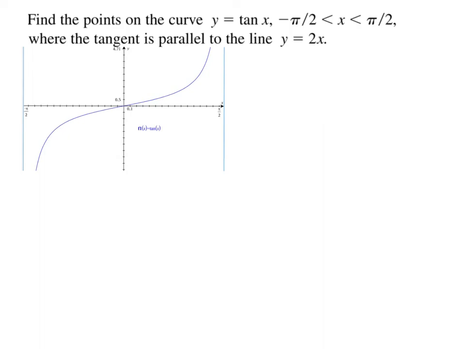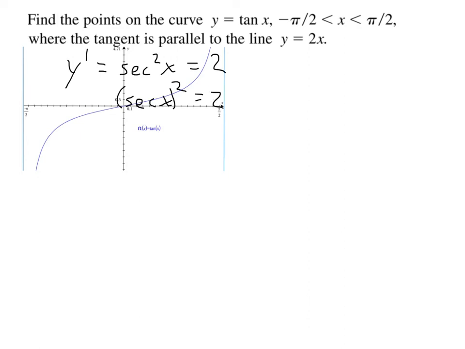So y prime equals secant squared of x. And we're just trying to find out when is this equal to 2. I have a hard time seeing secant squared written like that and being able to solve algebraically, so I have to rewrite secant squared as secant of x squared equals 2.